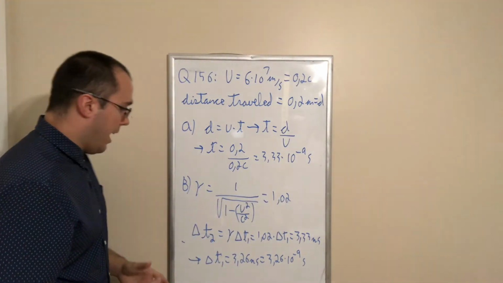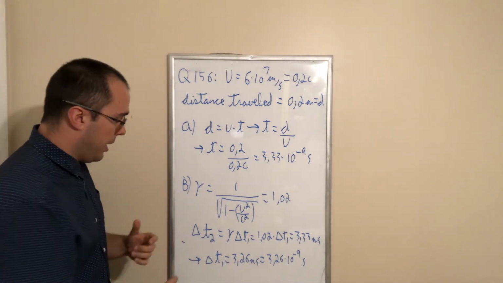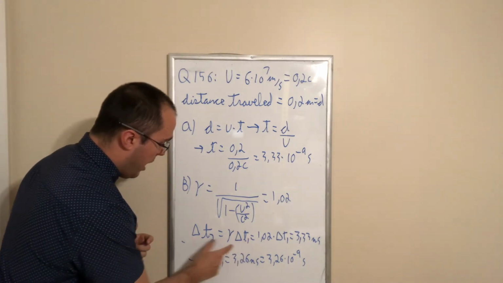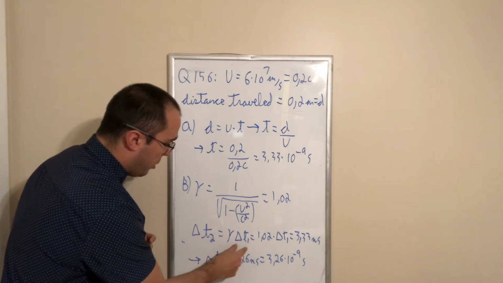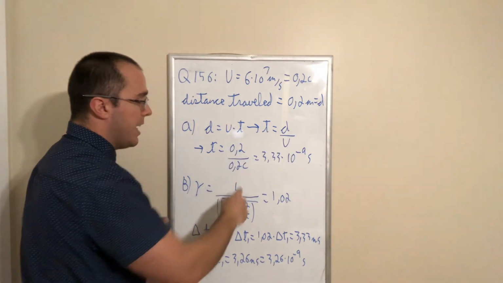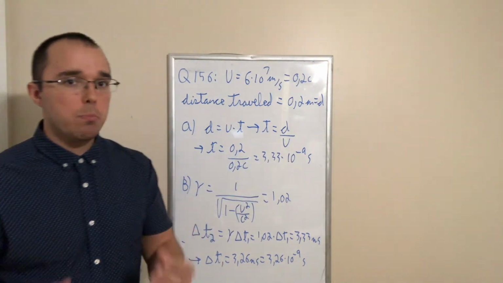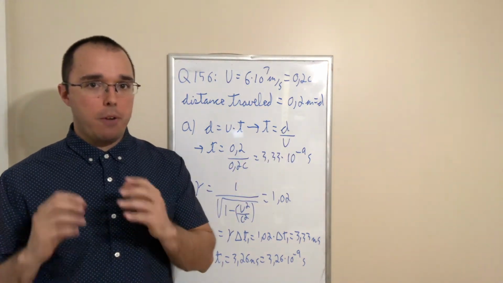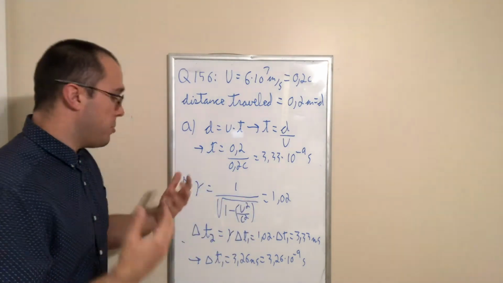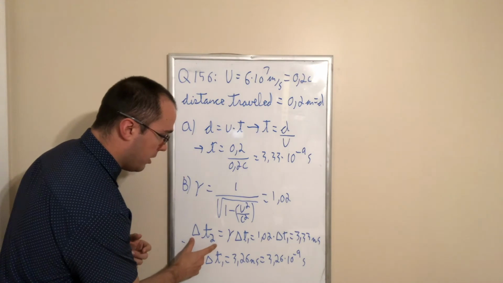All right. Now, at this point, it's simply plug and play. It's to find delta T1. So delta T1 multiplied by gamma is equal to delta T2. The time we found here was measured from the rest frame of reference, which means it's the longer of the two times, which means it has to be delta T2.